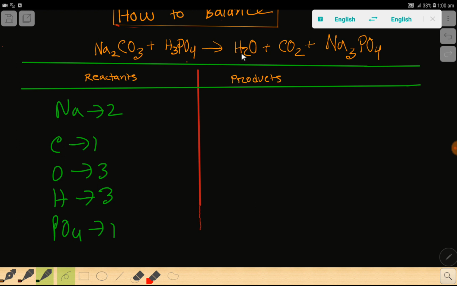On the right hand side we have hydrogen, which is 2, then oxygen, which is 1, then carbon, which is 1, then oxygen 2. Basically we are getting 3. Then we have sodium, which is 3, then phosphate, which is 1.